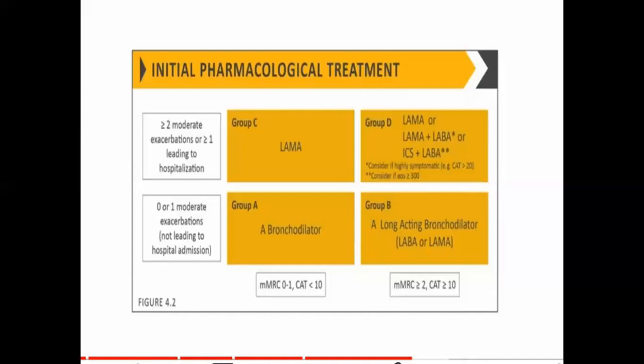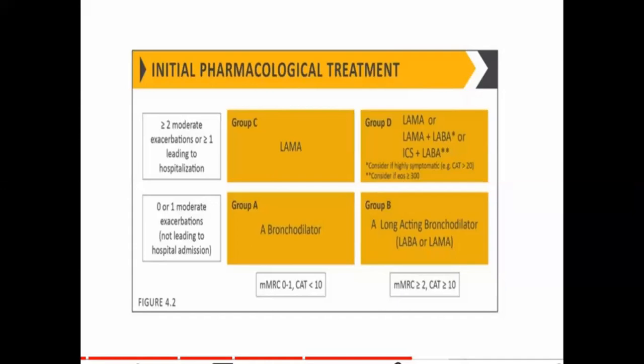And so if you have your patient who comes in with your modified Medical Research Council score of less than 2, and that of your COPD Assessment Test of less than 10, so you are in a group A or B COPD. And so for these ones, you recommend the use of either a LAMA or a LABA, or a combination of the two.